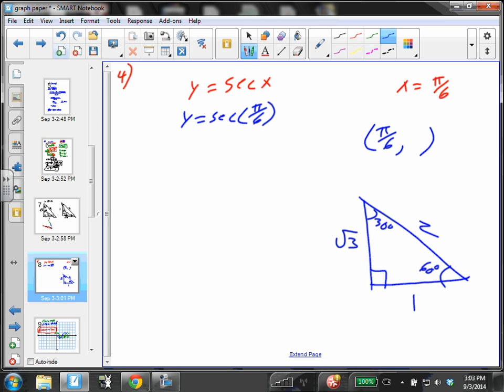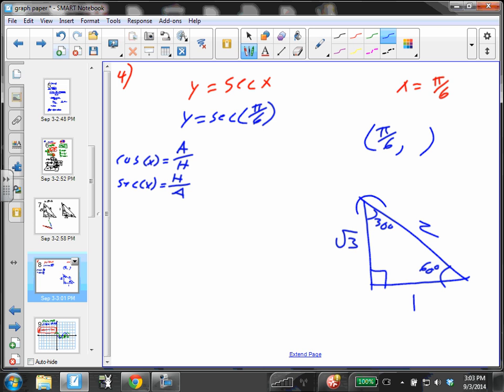Now we're looking for secant. Does anybody know? Secant is cosine flipped. Cosine is equal to the adjacent over the hypotenuse, so secant is cosine flipped. It's going to be the hypotenuse over adjacent. Hypotenuse over adjacent. Now, this thing says pi over 6, which is what angle?